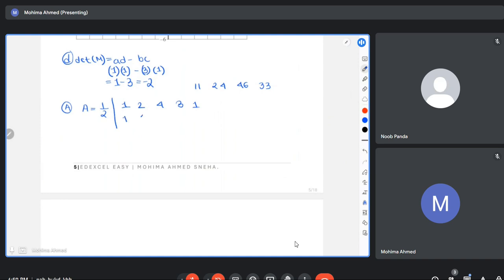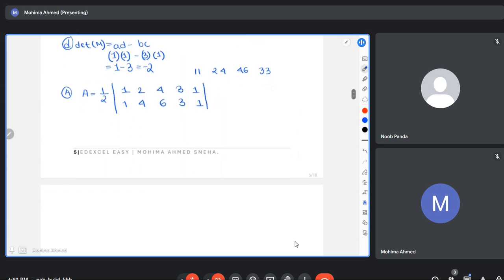Then the y row, y1 was 1, 4, 6, 3, 1, like y1 y2 y3 y4 and then again y1. And obviously we're using modulus because area is a scalar quantity.